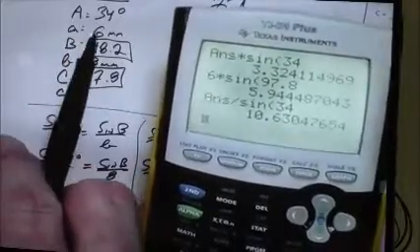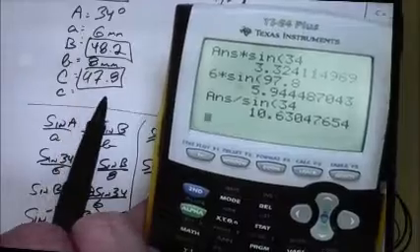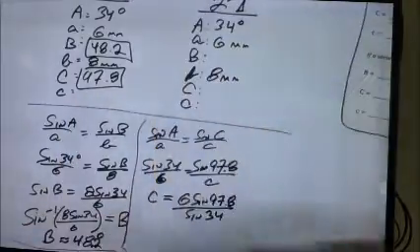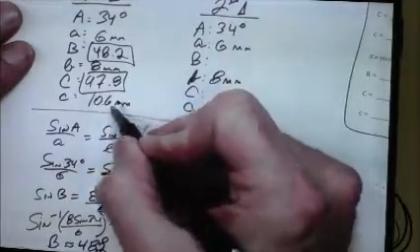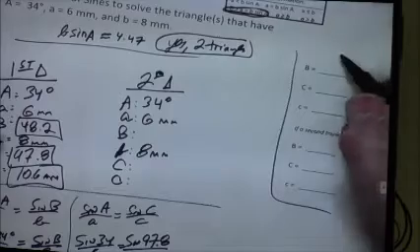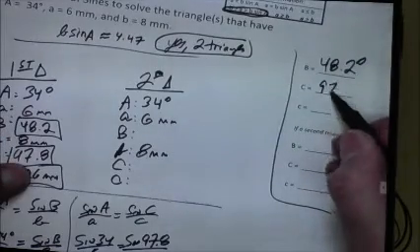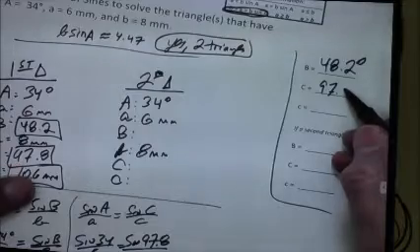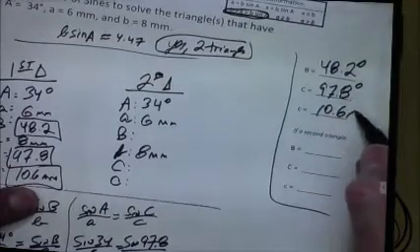This one's larger, so the side length is larger. This one's larger, so the side length should be larger. 10.6, reasonable to say 10.6. And it's all in millimeters. So over here, I can plug those in now. 48.2 degrees, 97.8 degrees, and 10.6 millimeters.